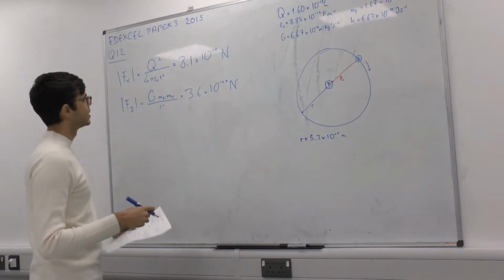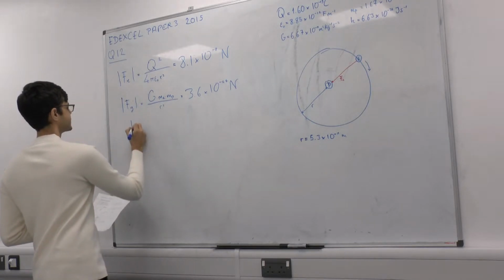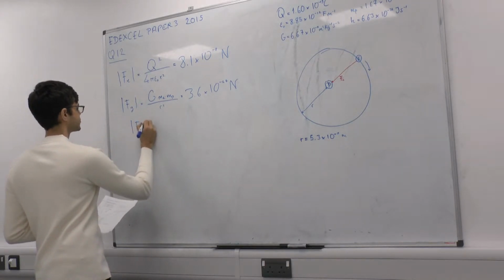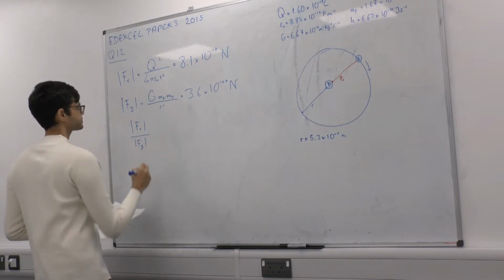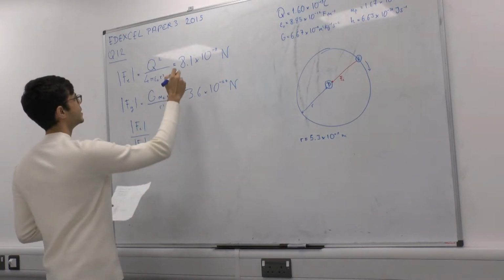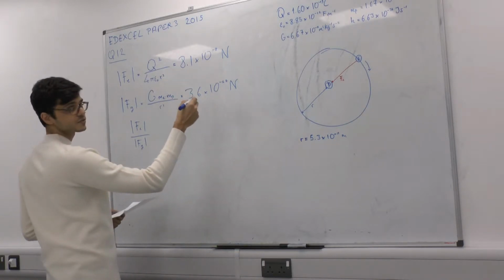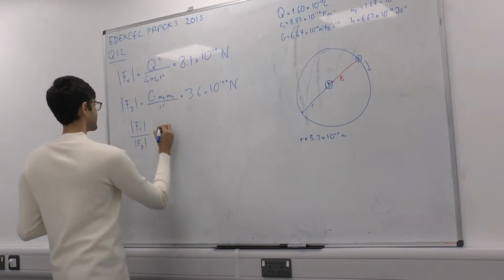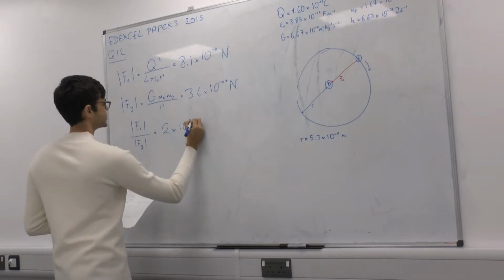gravitational one. And to really show this, we're going to take a ratio of both forces. So we're going to divide the electrostatic force by the gravitational one. And so dividing 8.1 times 10 to the minus 8 newtons by 3.6 times 10 to the minus 47 newtons, we obtain a ratio of 2 times 10 to the 39.